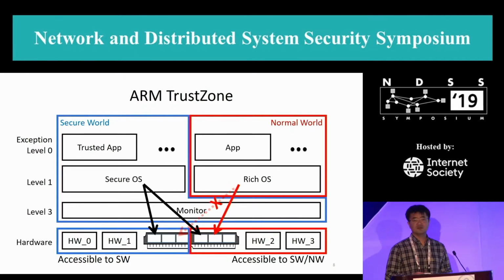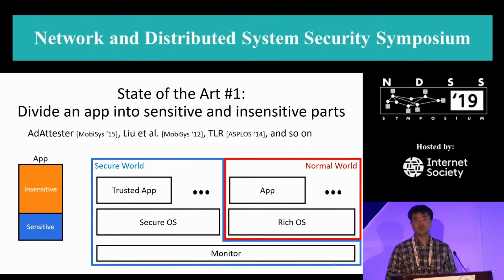The most important feature of ARM TrustZone is that the normal world cannot access system resources assigned to the secure world. For example, if we assign a portion of memory to the secure world, then the normal world cannot access the memory.